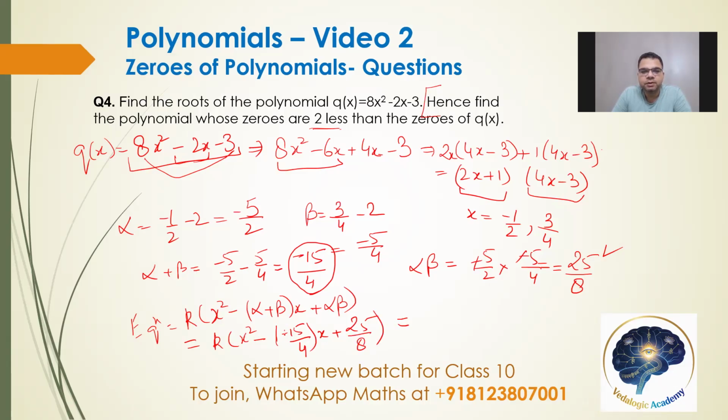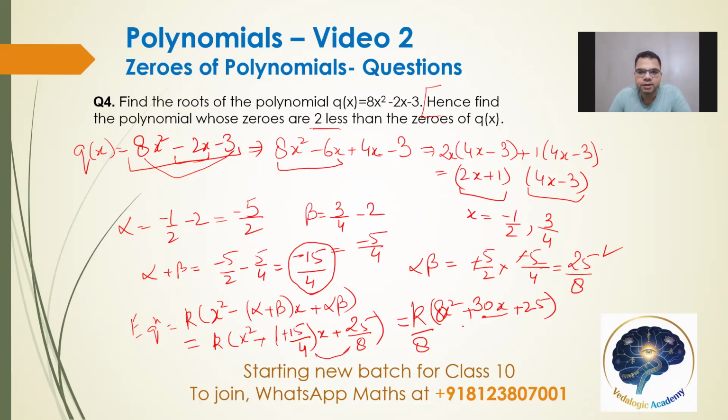So minus minus becomes plus here, right? So it becomes k into x square plus 15x by 4. Since we have 4 in the denominator, I'll take the denominator LCM and take it outside. It becomes k by 8 into (8x square plus 30x plus 25). And I have taken the denominator of 8 outside. So I hope it's clear.